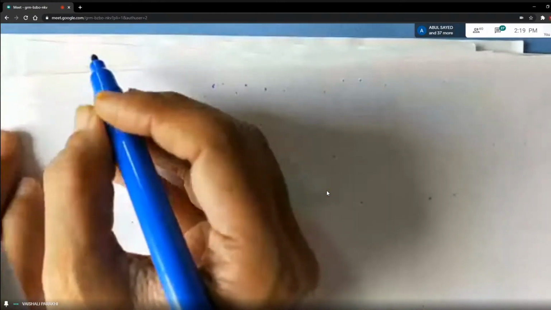Okay. So now let us solve the example, students. The question will be like this. This question comes minimum for 10 marks, students.